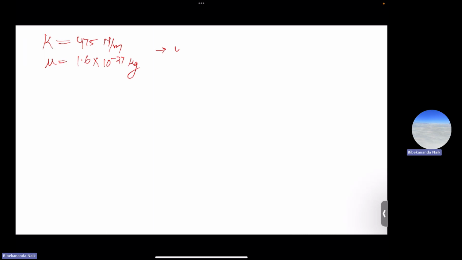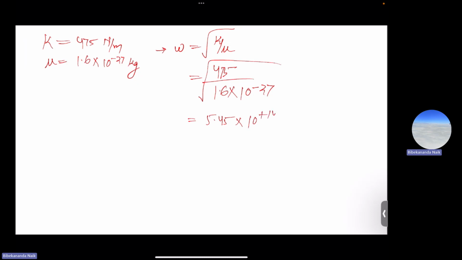Then omega will be square root of k by mu, which will be the square root of 475 divided by 1.6 into 10 to the power minus 27, which will be 5.45 into 10 to the power 14 second inverse.